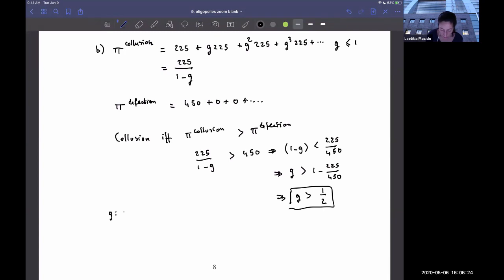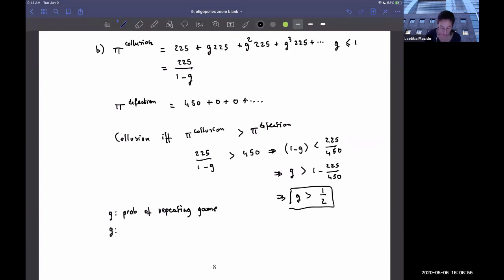G is the probability that the game is going to be repeated in the next period. So with this interpretation, it means that if the probability that the game is going to repeat in the next period is high enough, then firms are going to collude on setting a price at the monopolist level.